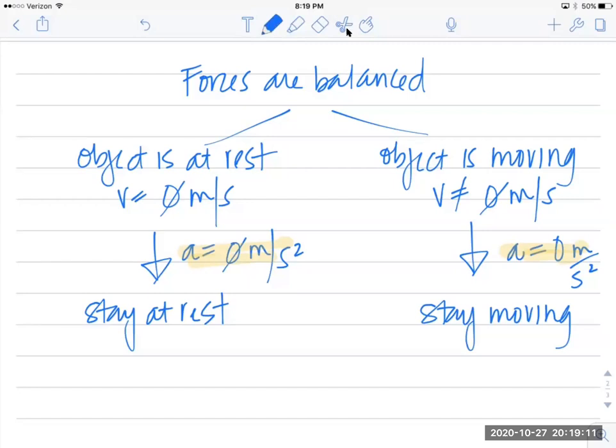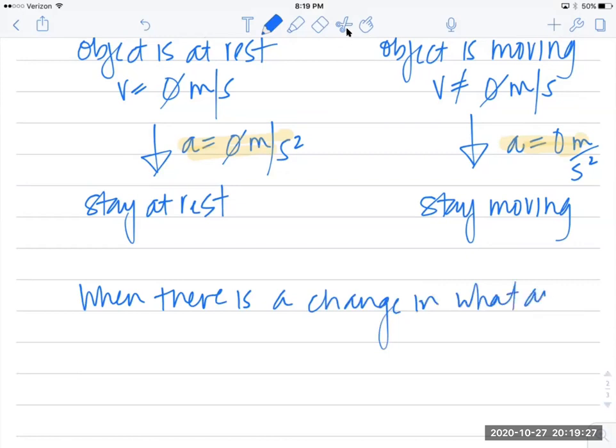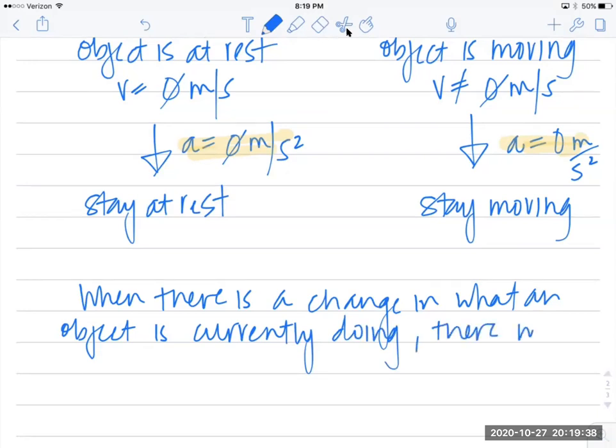Now, when an object no longer is at rest, or if there's a change in what an object is currently doing, I should say there was a force being applied.